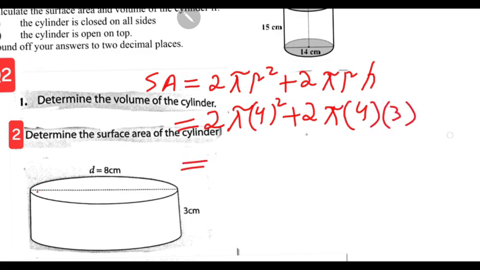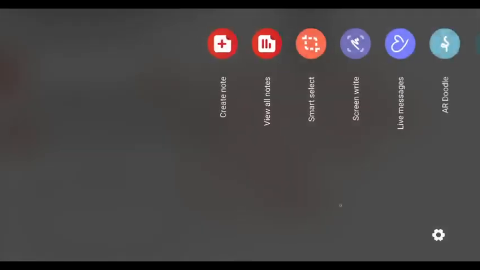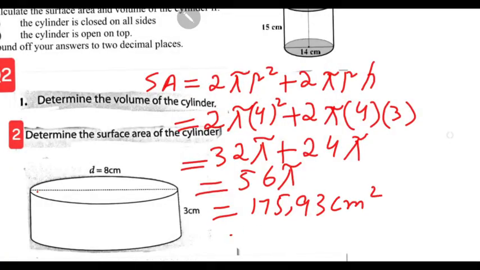Use my calculator. 32 pi plus 24 pi. Further simplify, 56 pi. Open up the pi, I use my calculator. The answer is 175.93 centimeter square. This is my final answer.